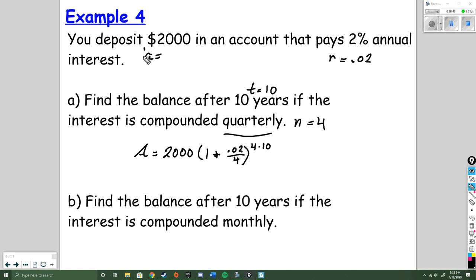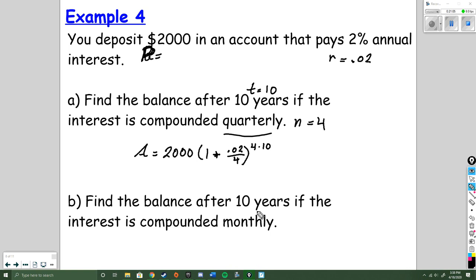I should have that initial amount. Remember, we were supposed to call it the principal. Sometimes I get caught up calling it A, the initial amount. The principal times 1 plus R over N to the NT power. That's how we're getting this equation.